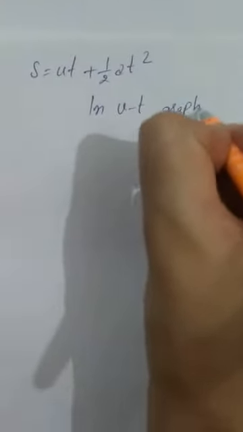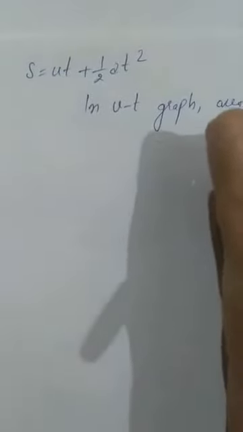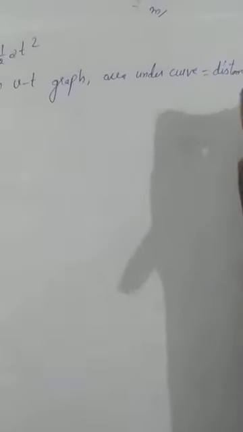Everyone knows about the area under the curve: in a VT graph, the area under the curve is equal to distance, displacement.